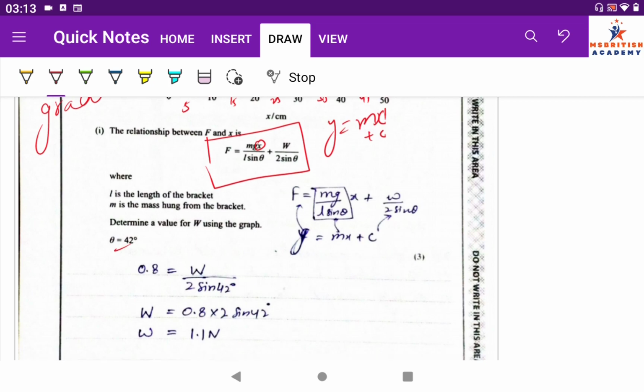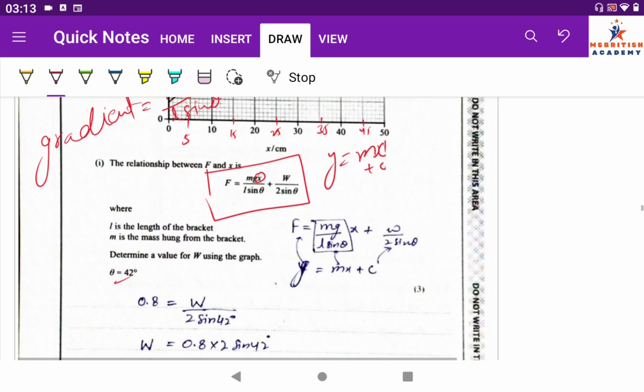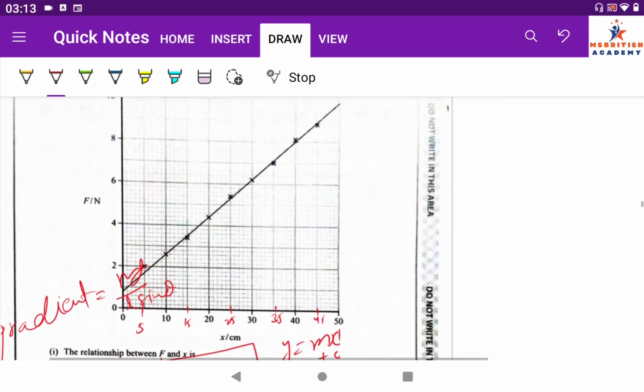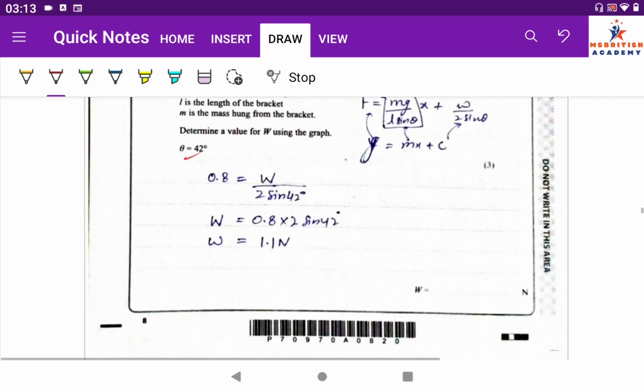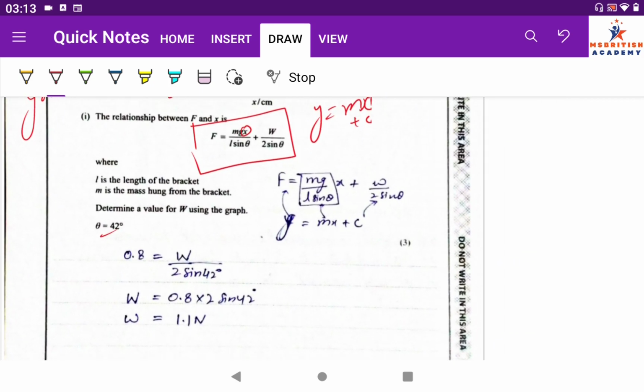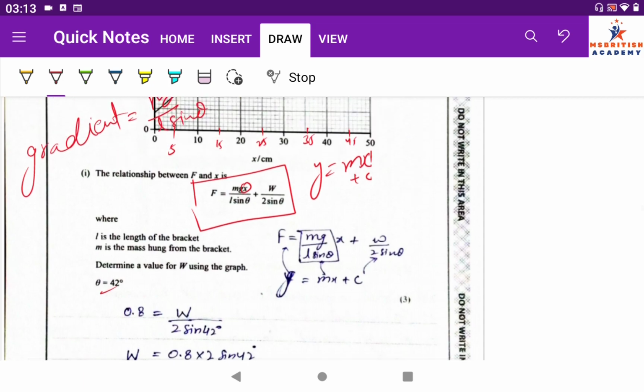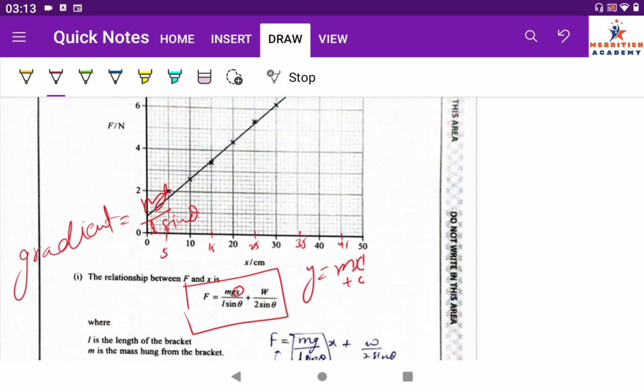Here you can find the gradient by using the formula, or you can check the value of c, where the line cuts the y-axis.